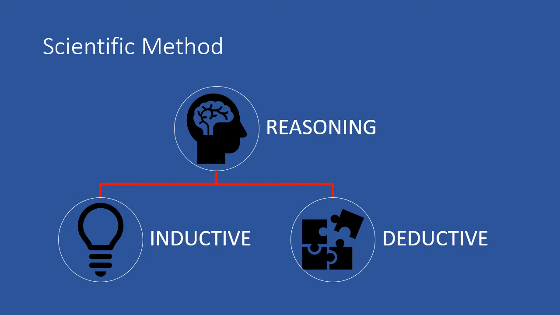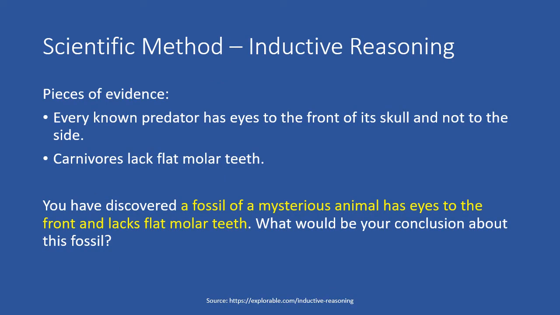Inductive reasoning involves developing generalizations, based on observation of a limited number of related events or experiences. Deductive reasoning, on the other hand, involves essentially the reverse process, arriving at specific conclusions based on general principles, observations, or experiences.